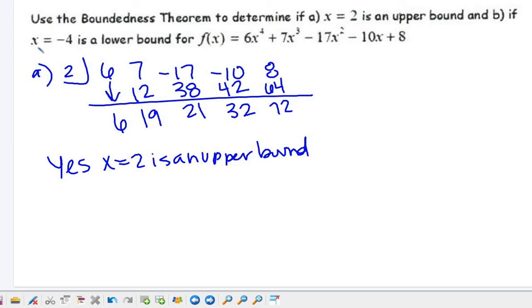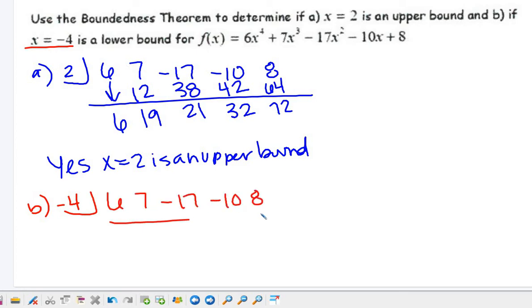Okay, so then B part says if negative 4 is a lower bound. Remember, for lower bound, we're looking for alternating signs. So bring the first number down. So 6 times negative 4 is negative 24. Negative 24 plus 7 is negative 17. So we're off to a good start. That one alternates. Negative 17 times negative 4 is a positive 68. Plus a negative 17 is 51.